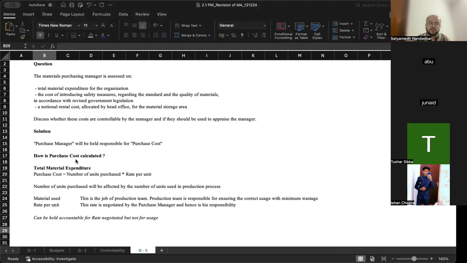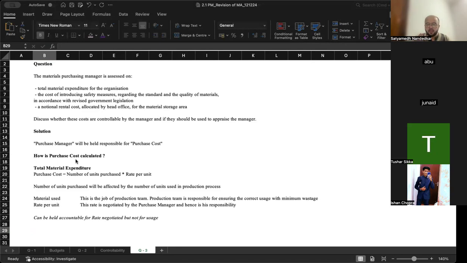Then the cost of introducing the safety measures regarding the standard and quality of material. Now, the purchase team and consequently the purchase manager, it is the job of the purchase team to ensure that the material received from the supplier is of the desired standard and quality as prescribed in government legislation. Purchase manager has to keep these costs in control as per management guidelines.